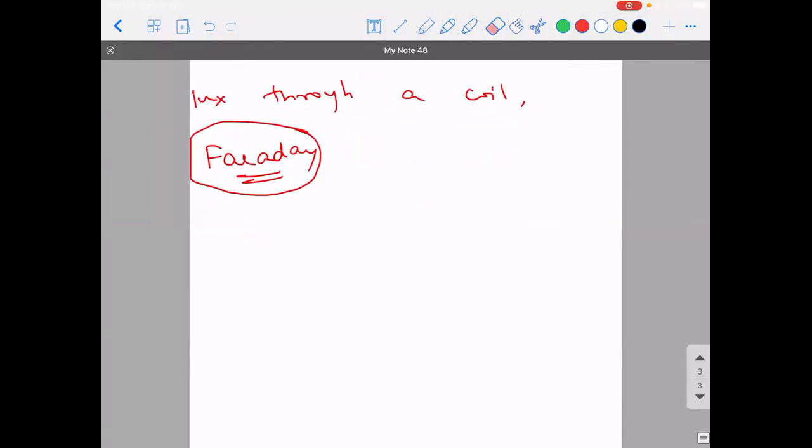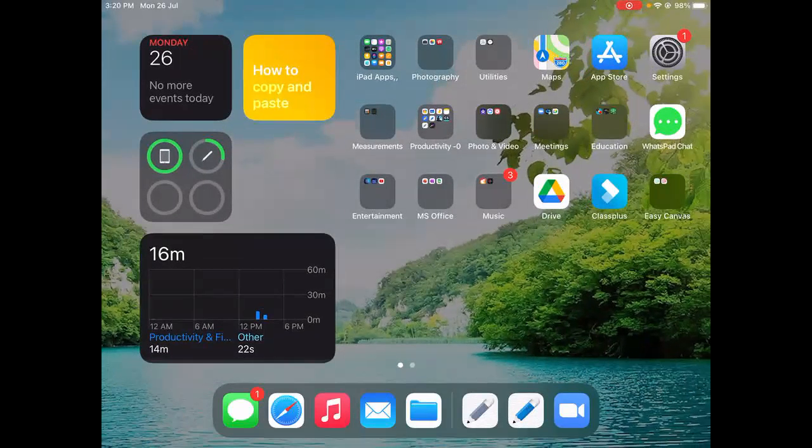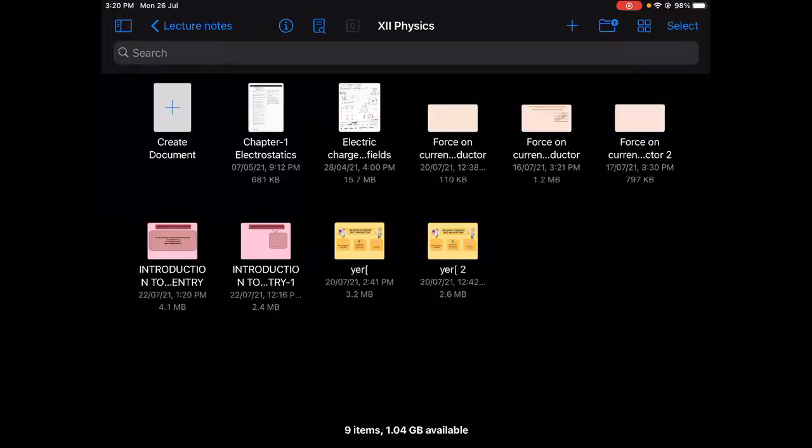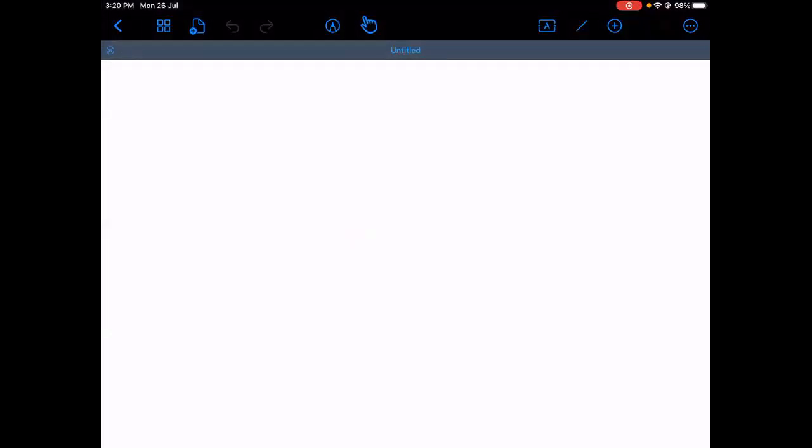One minute, wait. I will try to write in some other software. Useless software. So please write it down. The heading is Faraday's law of electromagnetic induction.